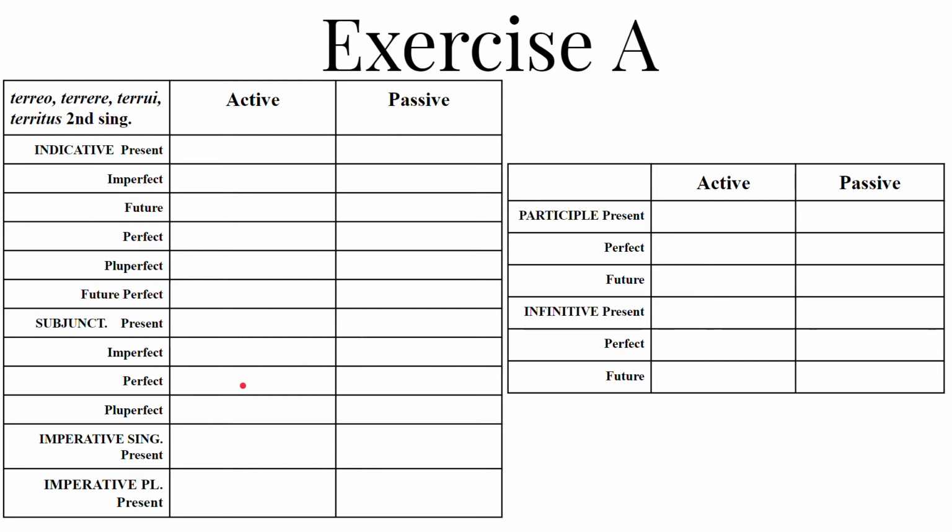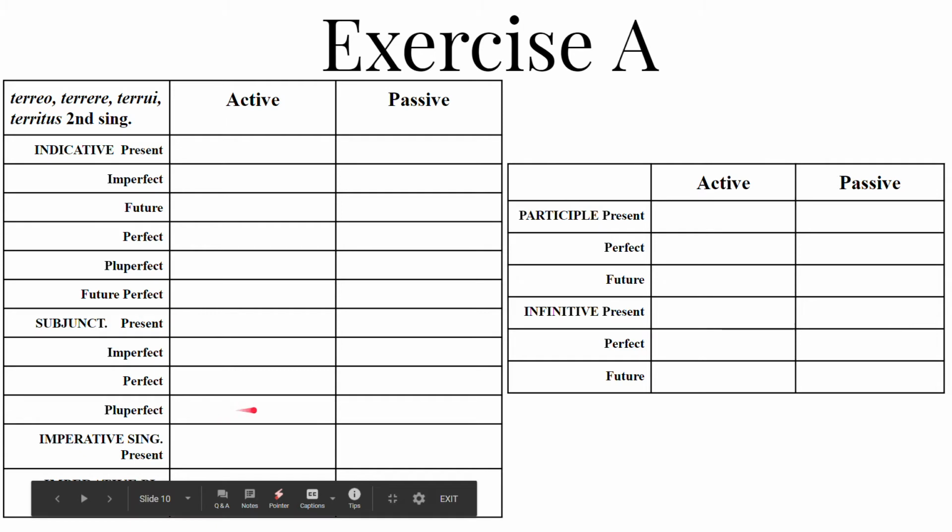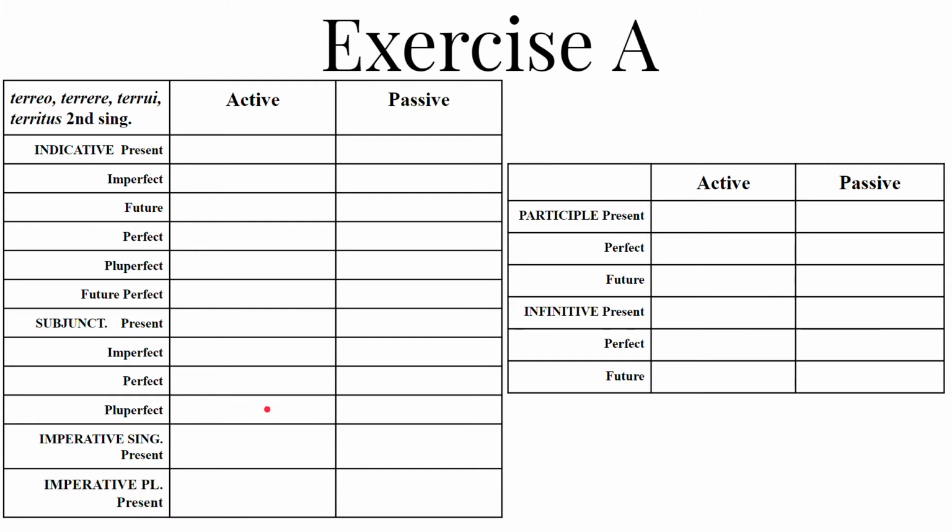The perfect and the pluperfect are formed from the verb's perfect stem, terru, and then add the appropriate tense markers and endings. Terrueris. Pluperfect, terruisse, and then add the personal ending s: terruisses.